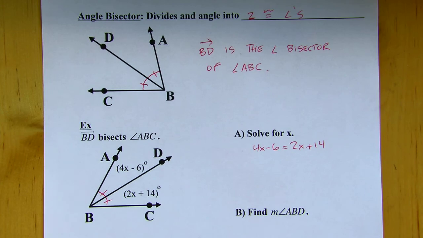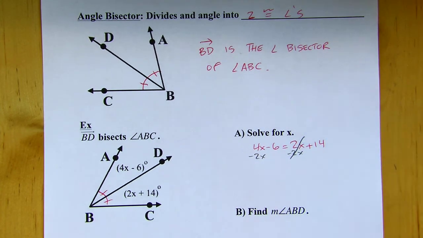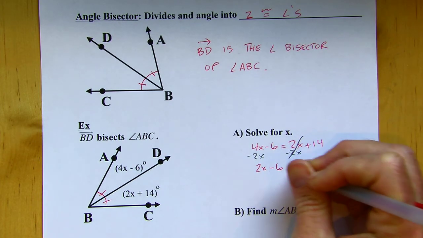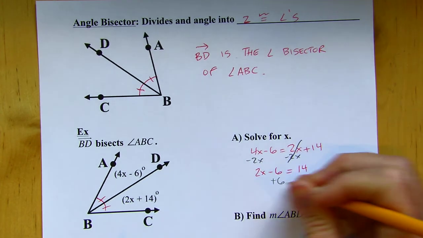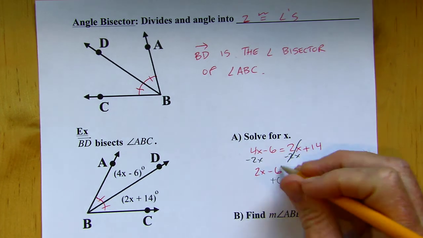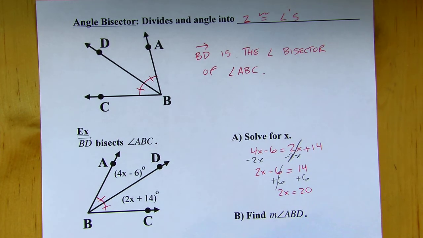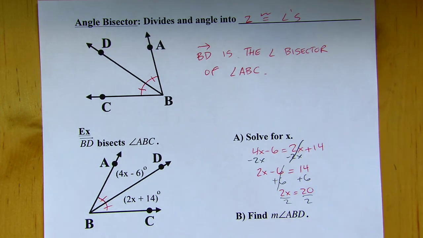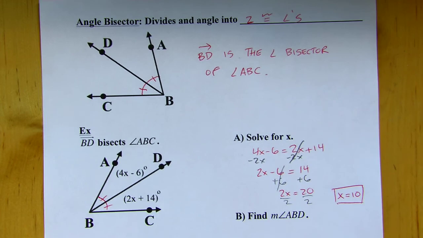So I'm going to subtract 2x. Then I'm going to add 6 to both sides. And divide by 2. X equals 10.